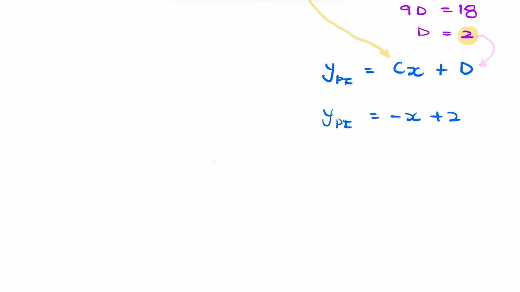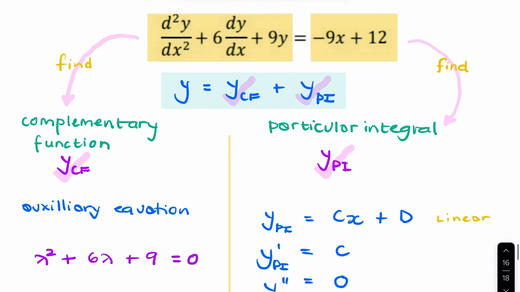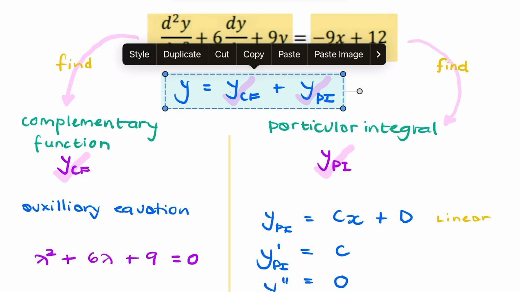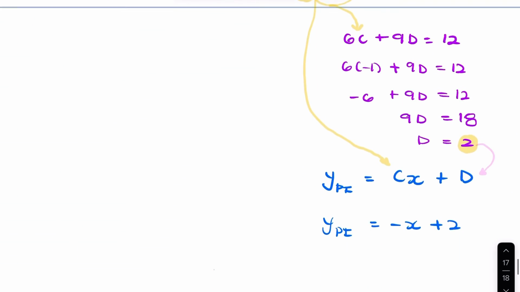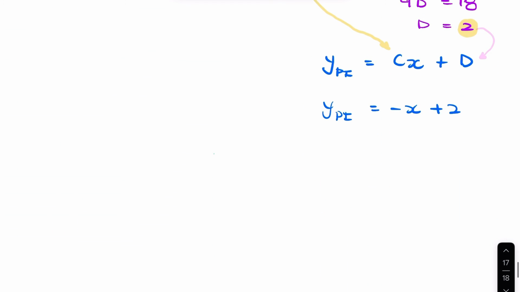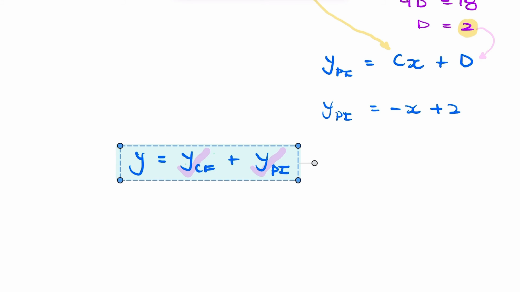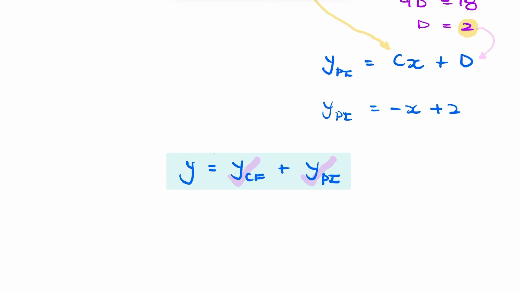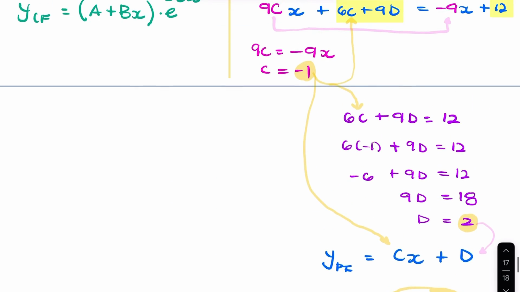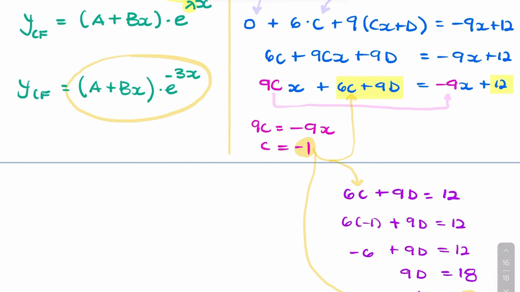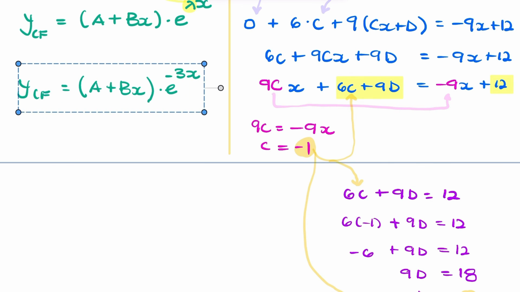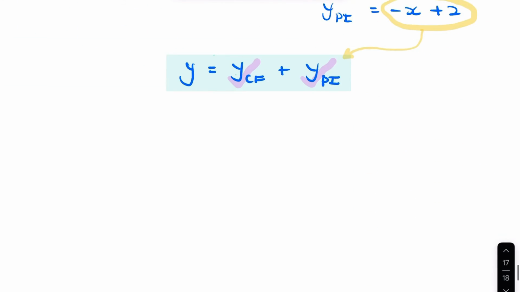Now that's really helpful because now I can write my final answer as the sum of the complementary function and the particular integral. So I can say my final answer is the sum of this, which goes into YPI, and this, which was my YCF. So I'll copy this so that we have it down here.